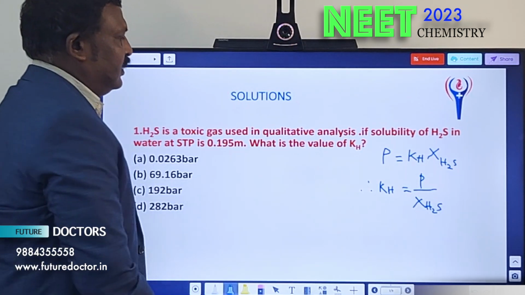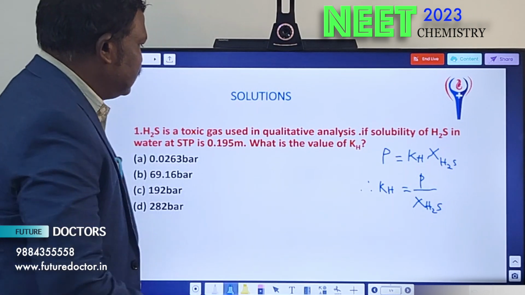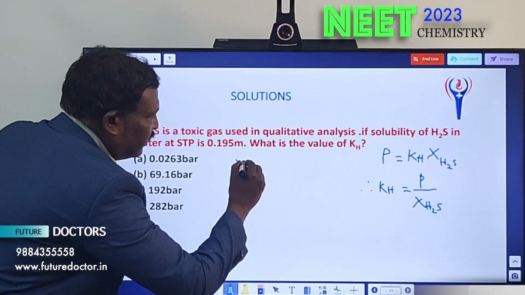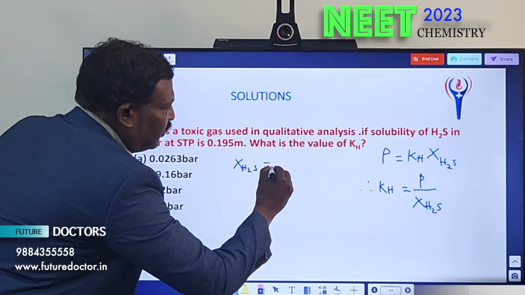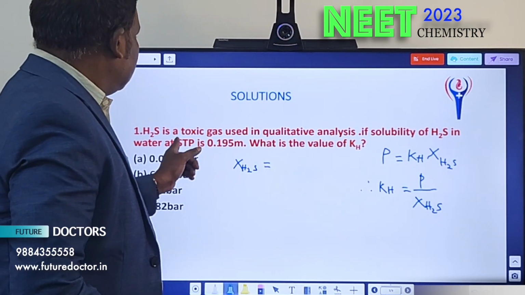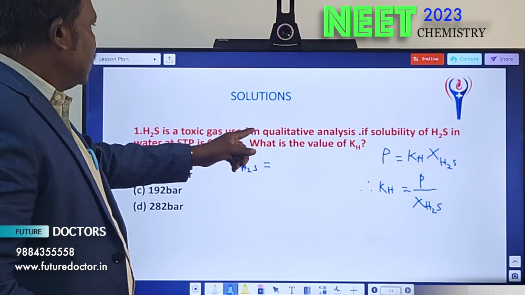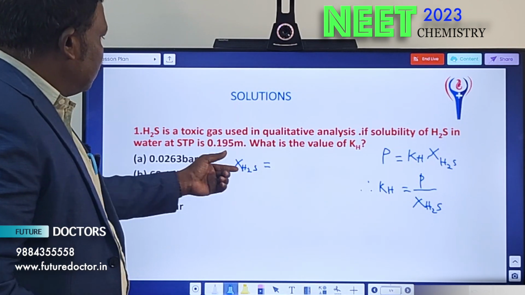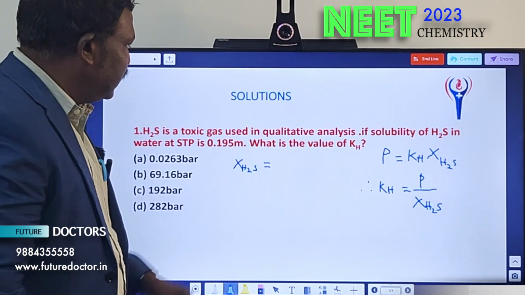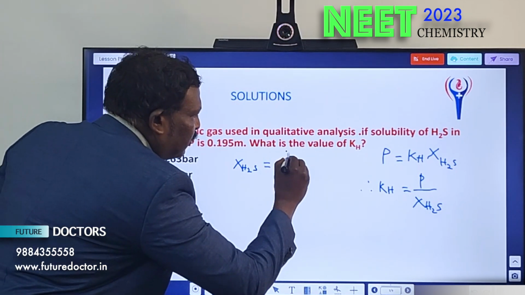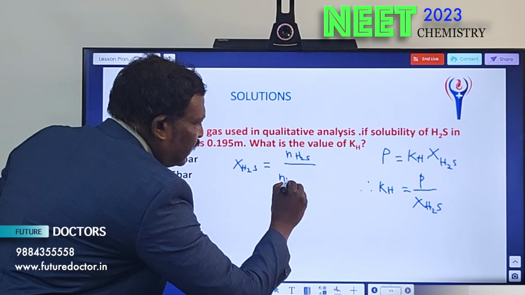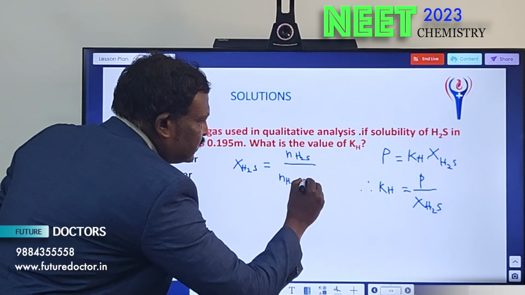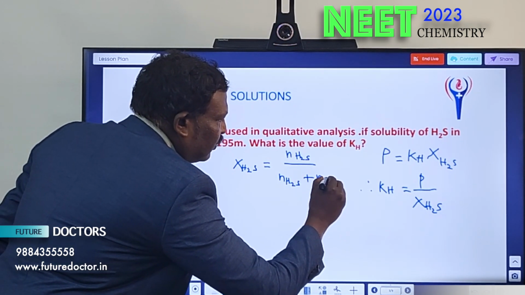Understood? Here mole fraction means the mole fraction of hydrogen sulfide dissolved in water. If you want to find it, the formula is: number of moles of hydrogen sulfide by number of moles of hydrogen sulfide plus number of moles of water.